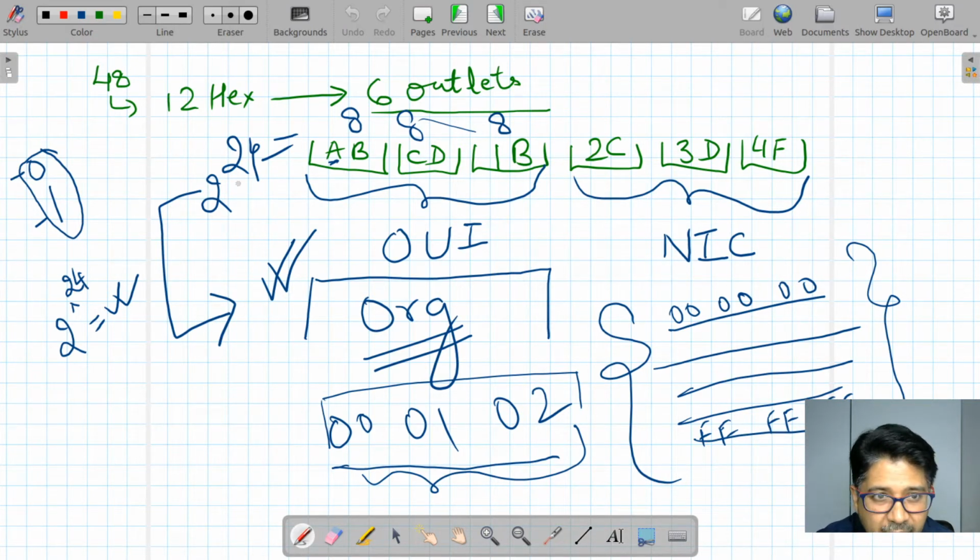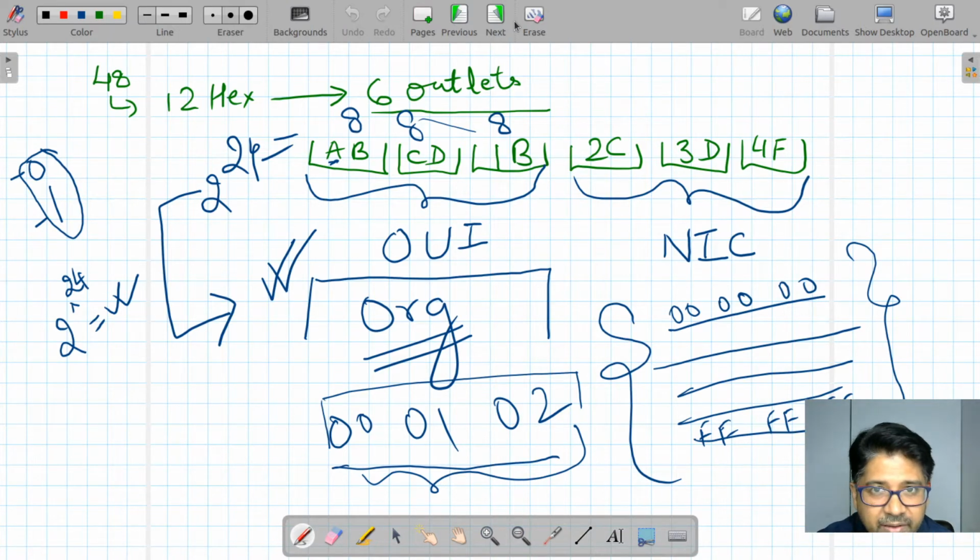We have 2 to the power 24 possibilities, because every binary digit has 0 or 1, so that many unique numbers are possible. This number belongs to the organization that produces the NIC card. That organization gives their number, followed by their own sequence number assigned to the last 3 octets.